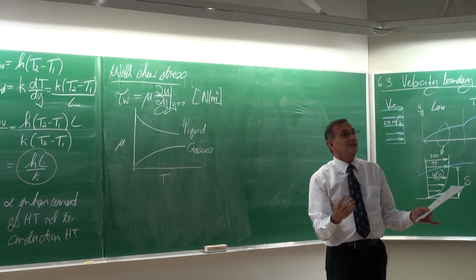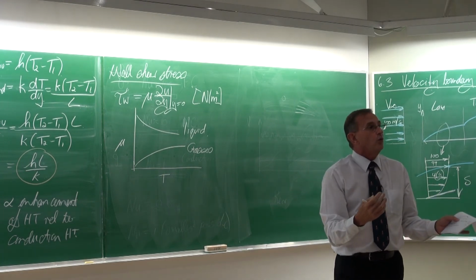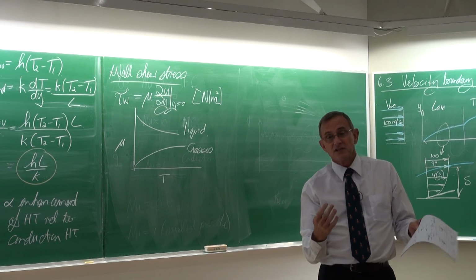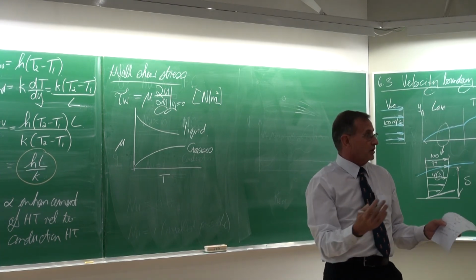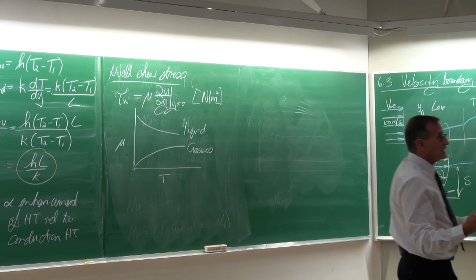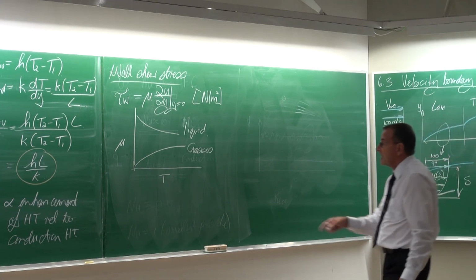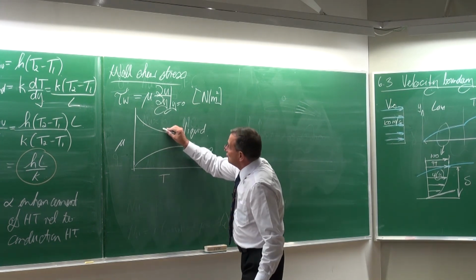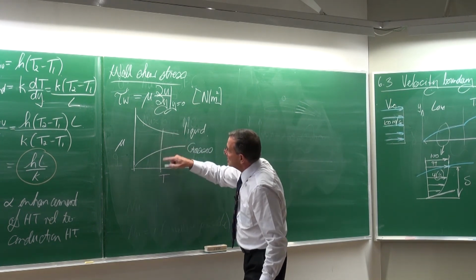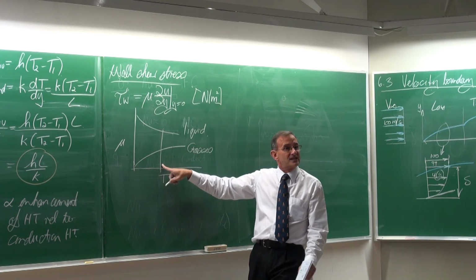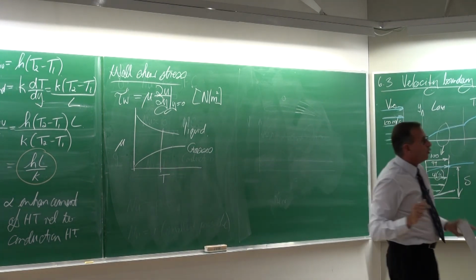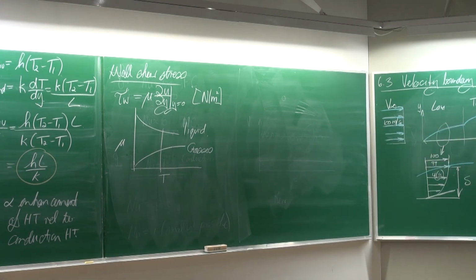In many cases in heat transfer, we work with temperature differences which might be very moderate. In most heat exchangers, temperature differences can be as small as 10 degrees Celsius. And if you look at 10 degrees Celsius, then you will see in most cases the viscosity for all practical purposes would be a constant.